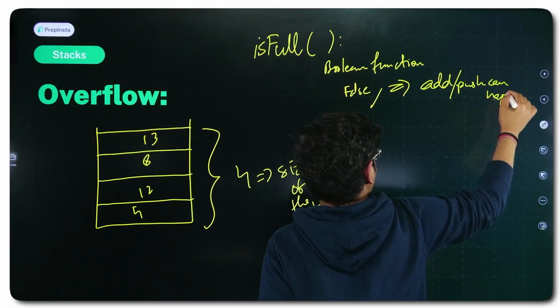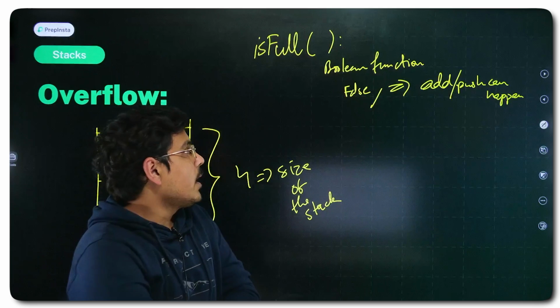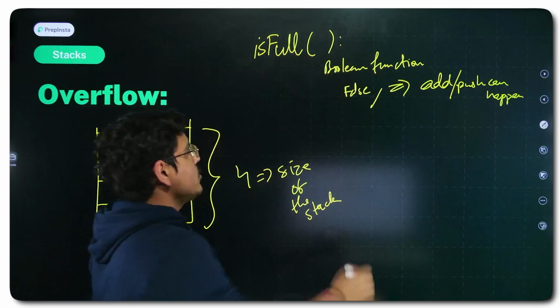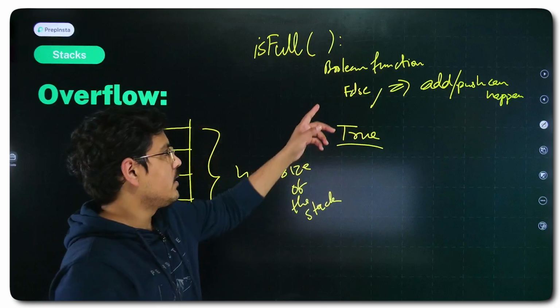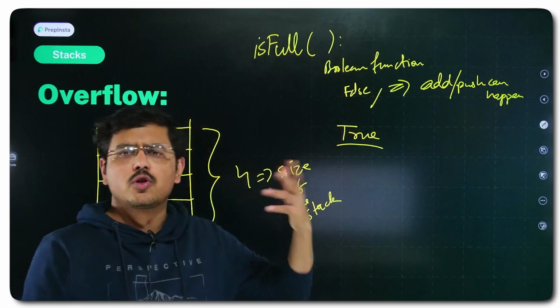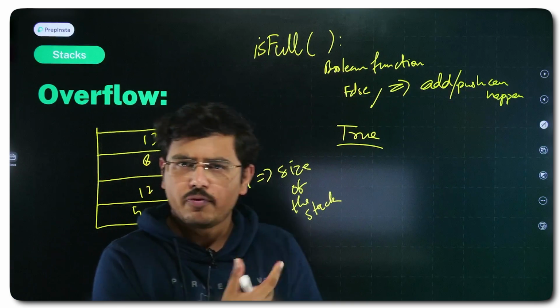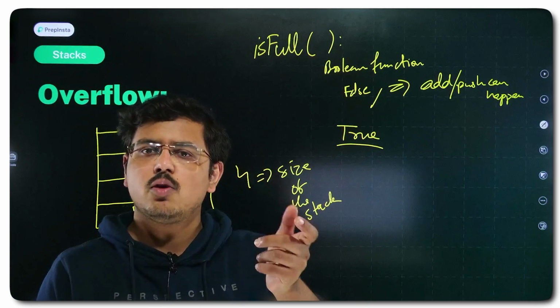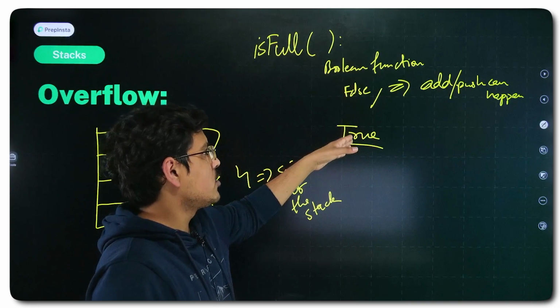The insertion can happen. You can add your element. But if isFull returns true, because this is a Boolean function, it will either return true or false. You can also make an integer version of it where you get 0 and 1 as the outputs. But generally it is a Boolean function where it returns true and false.